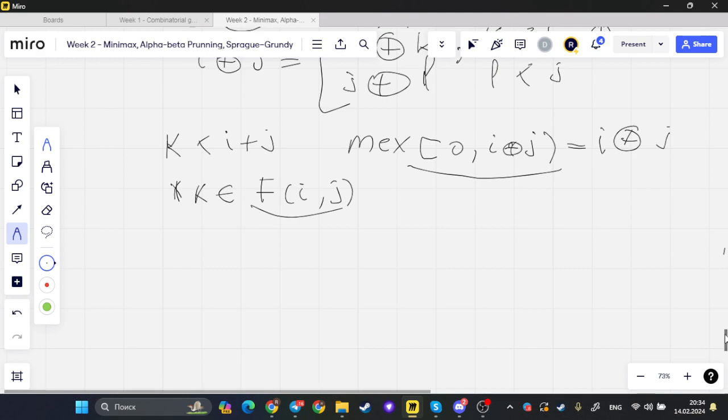So, what do I need to do? Consider the sum. This sum we denote not k, but r.